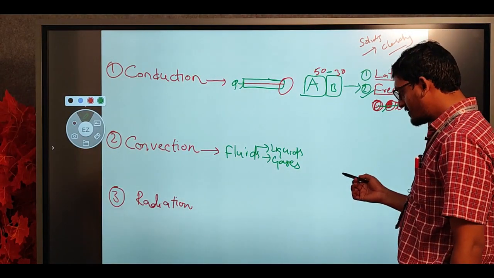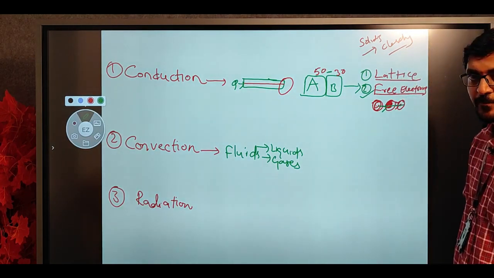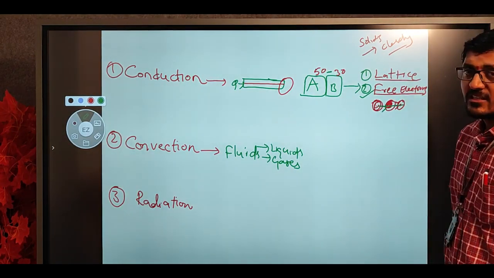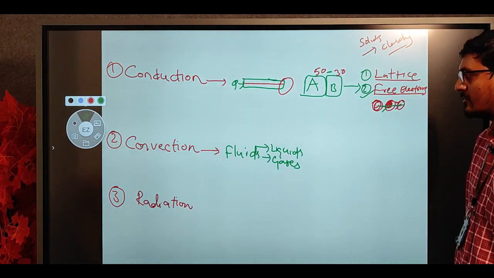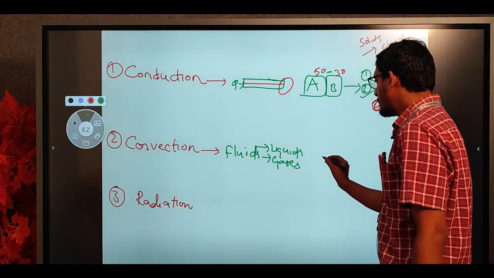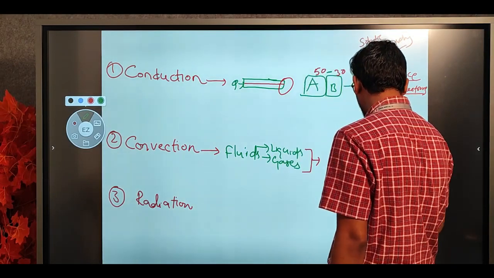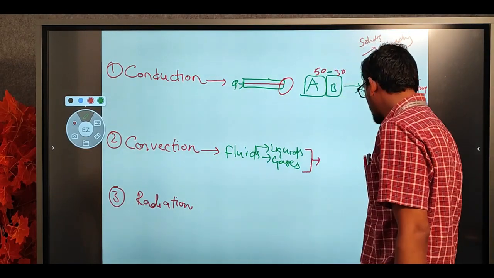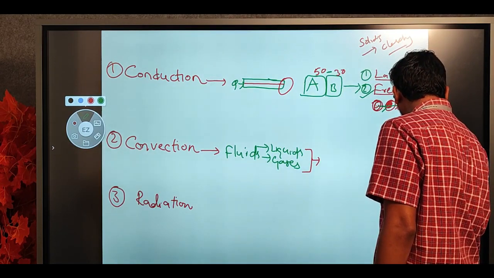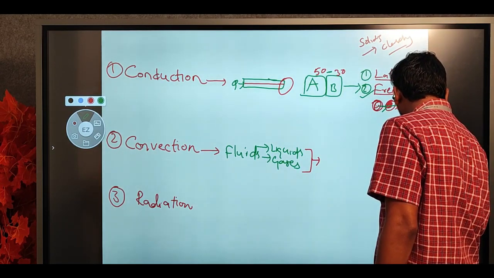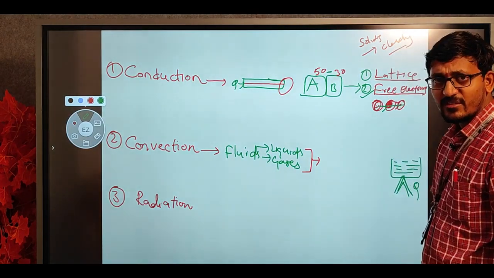So what is the mechanism involved in heat transfer in convection? Like in conduction we considered lattice vibration as well as the transport of free electrons. For this we will take a small example. Let us consider we are boiling water in a bowl and supplying heat from the bottom, right?